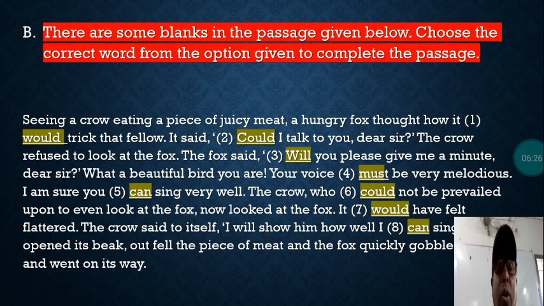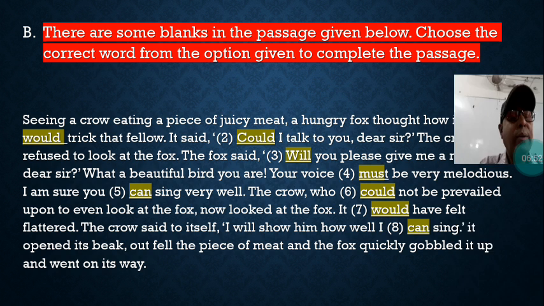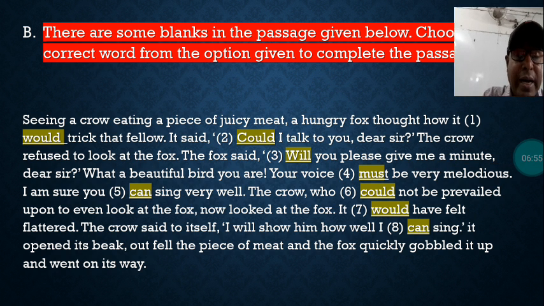Blanks are already numbered like 1, 2, 3, 4, and for every blank three options are given, till the last, 8. Out of the three, we have to choose the correct, the most suitable one for the sentence.